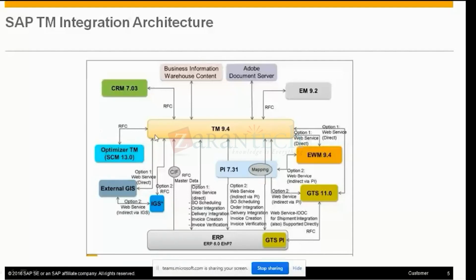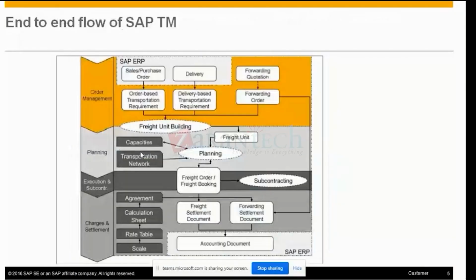And the most important part here is this optimizer. As I told you in the 4 pillars of TM, the planning part can be done either manually, that is your interactive planning, or automatically.